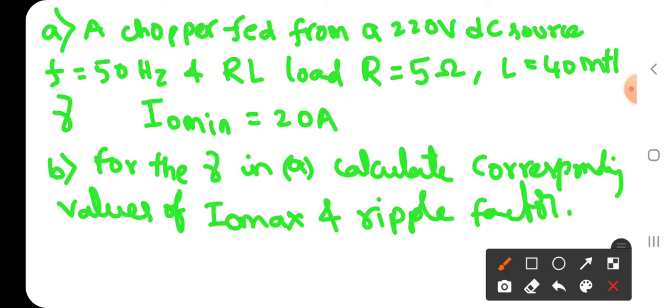Whatever value of gamma we find in the first case, we need to use in the second, and for that gamma find the IO max and hence the ripple factor. Yes, here we find both ripple factors, that is current ripple factor and voltage ripple factor.